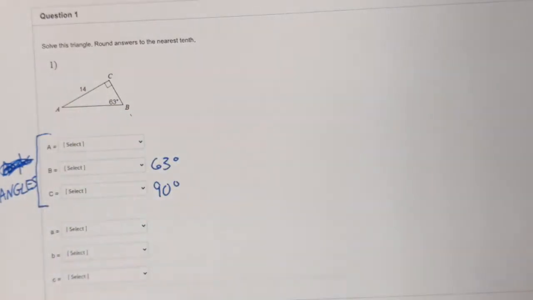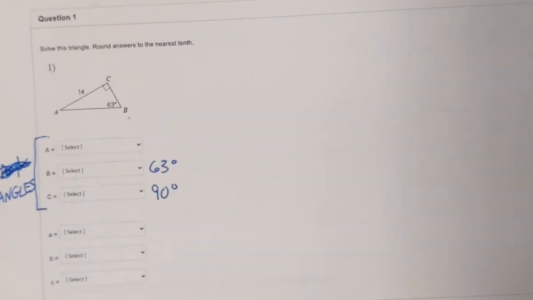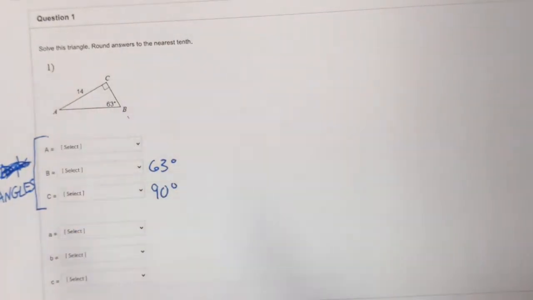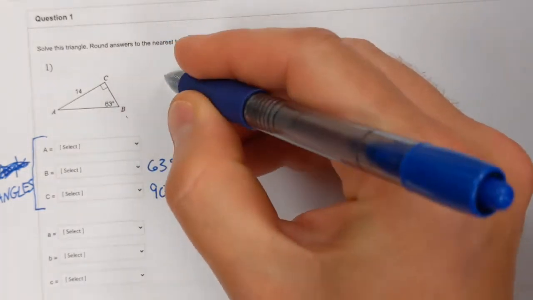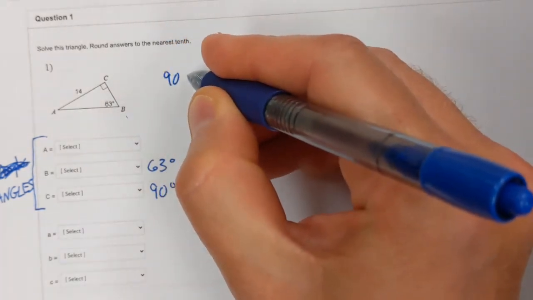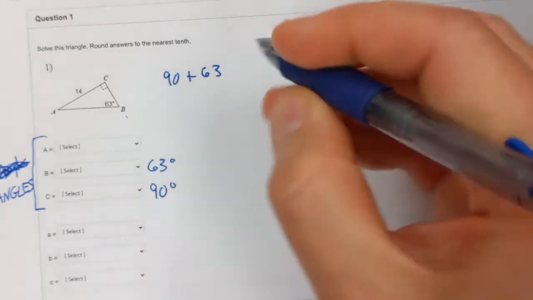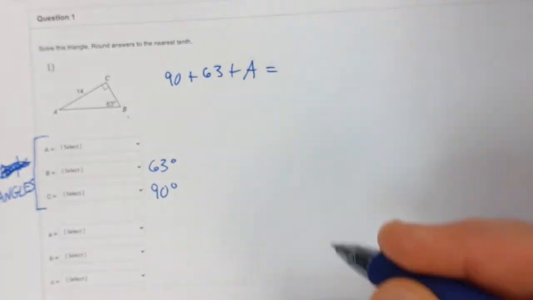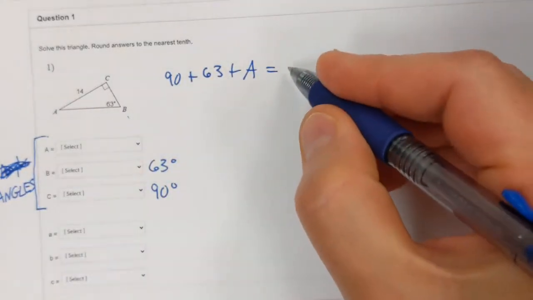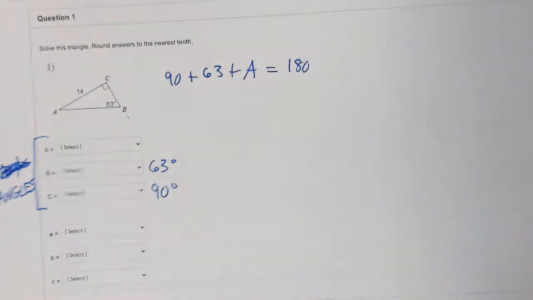Okay? And then if you remember anything about triangles from geometry class, it's going to be really easy to find this angle A. You know, the 90-degree angle plus the 63-degree angle plus angle A. The 3 angles of a triangle always add up to 180 degrees.